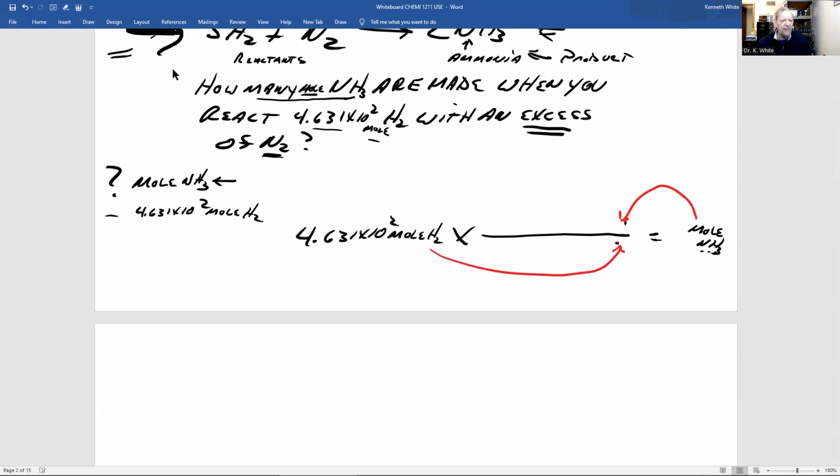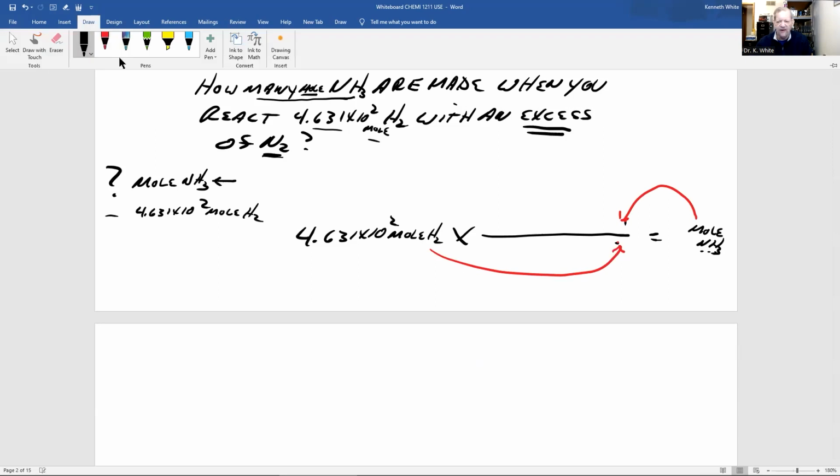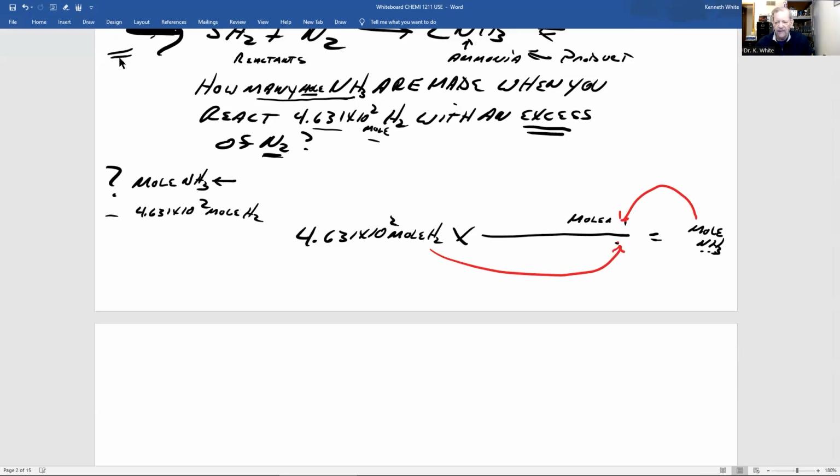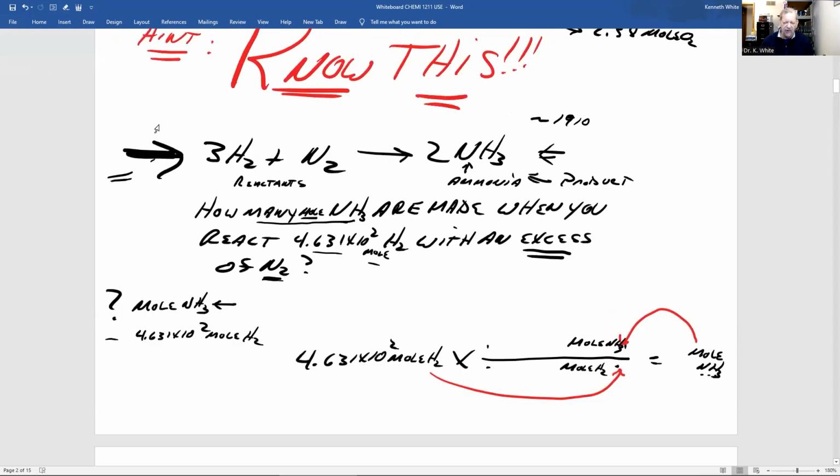What we're trying to get rid of, the units go underneath. So I'll write them in. And where do we get those numbers? From the balanced chemical equation.